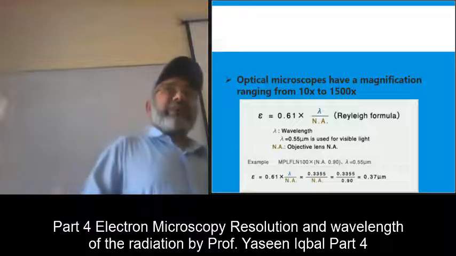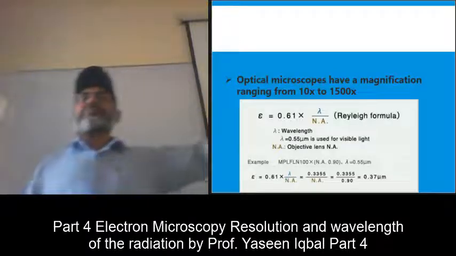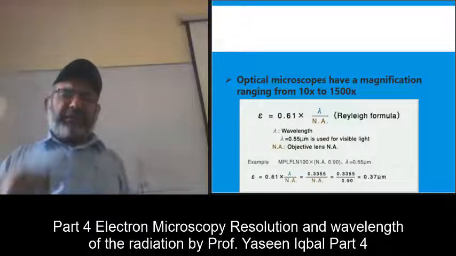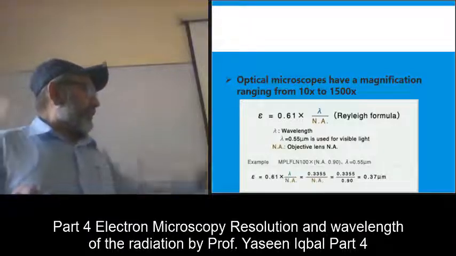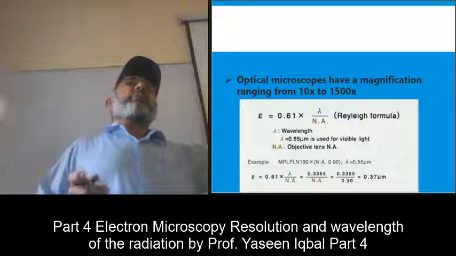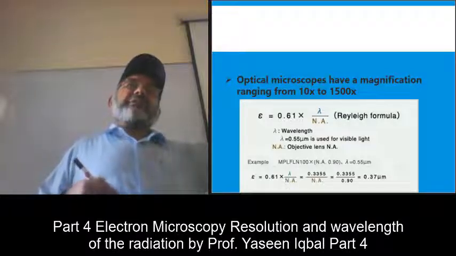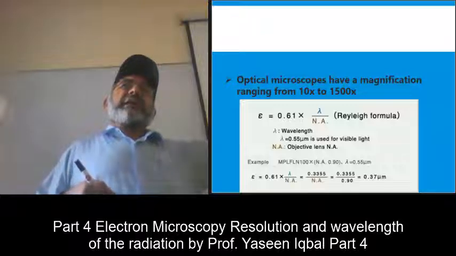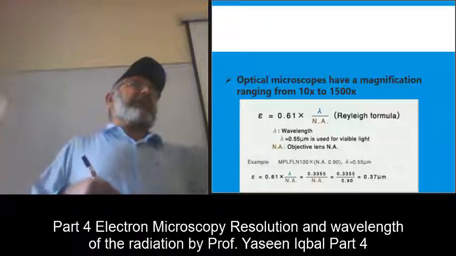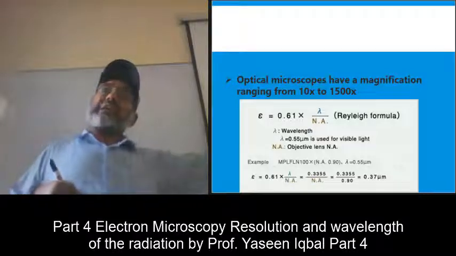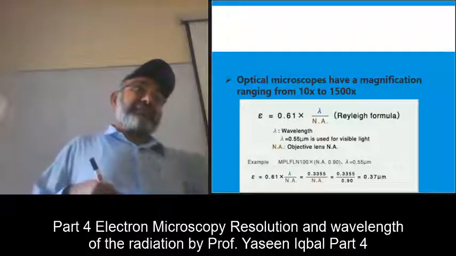So if you see 0.37, it will come in the forthcoming lectures, but I'm just telling you that if I get 0.37 angstrom, that resolution is achieved with a 100 kV electron microscope, but in practice it is not that.